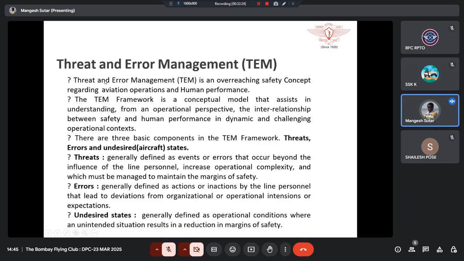Now people are trying to see that these are very important with respect to safety, security, and human performance because of the dynamic and challenging operational context. Every field where you fly a drone, whether agriculture, power line towers, telecom towers, windmills, or solar panel farms, will have its own challenges.